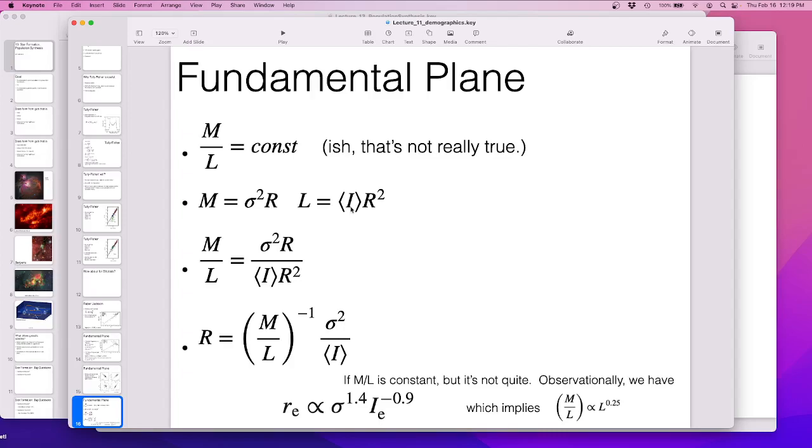Yeah. Okay, so let's go through a little bit more. Let's wave our hands through the math again. So mass to light, roughly constant. That's not an awful assumption for elliptical galaxies. Something about their stellar population.